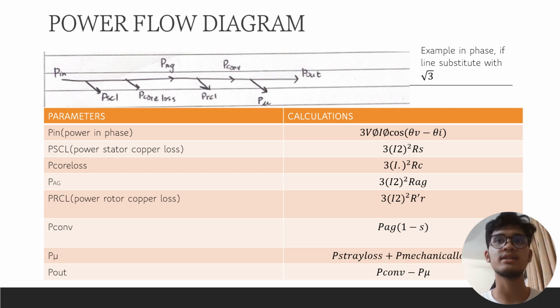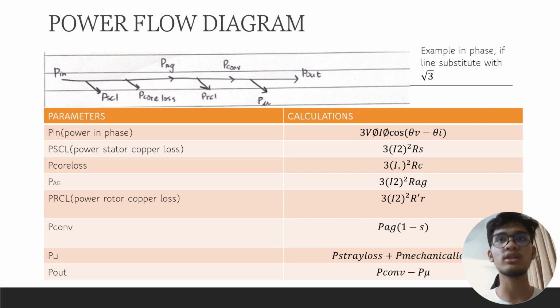If the connection is in either delta or star, we can choose to calculate using phase or line.